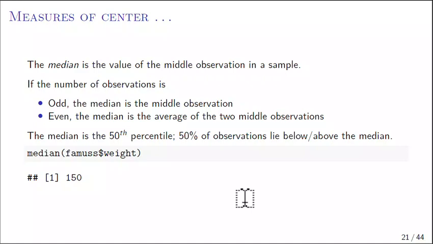Other than the mean, there is another measure for the center. It's called the median. The median is the real value of the middle observation, the center in location. So how do we figure out the median? That depends on the number of observations.